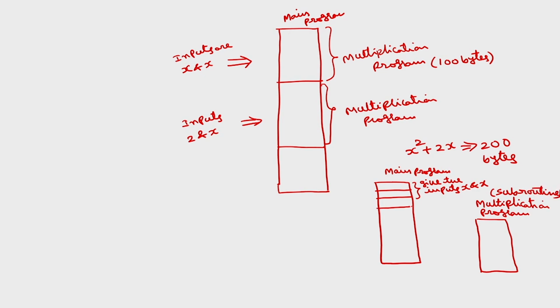Here we will call the multiplication program, and this is the starting address of the multiplication. Whenever the call instruction is there, the microprocessor control goes to this one. It will multiply the two inputs given before, and the last instruction of any subroutine is return. This is RET, return.